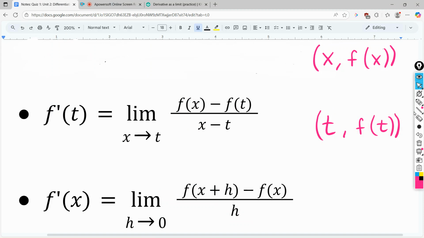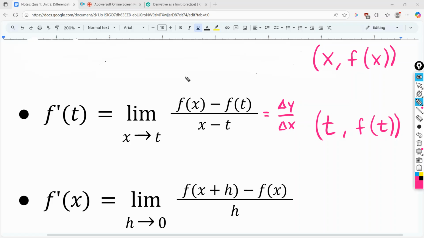So imagine if you had 2 points, x comma f of x, these are the xy coordinates, and t comma f of t. Recall that the slope is basically the change in y divided by the change in x.